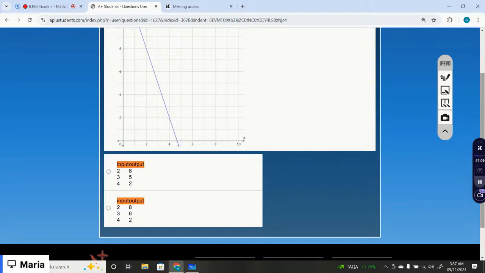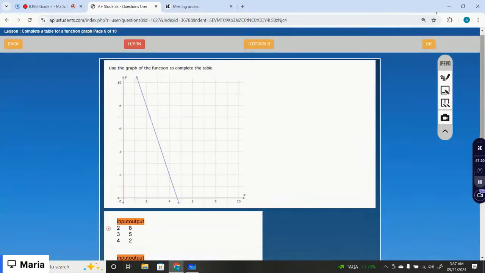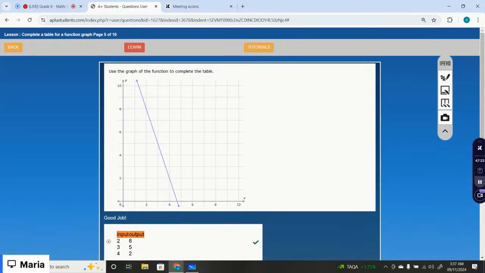You have to see at x equals 3, right? So when x equals 3, y equals 5, option number 1 is the correct option. Got it?